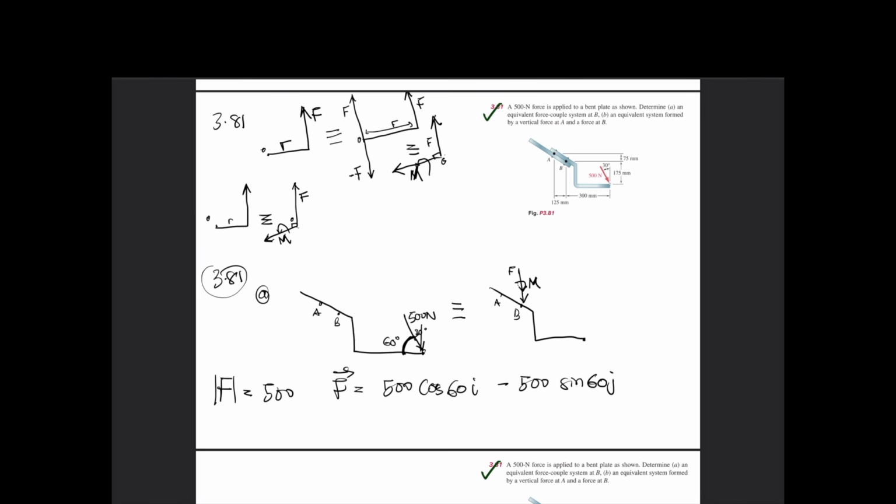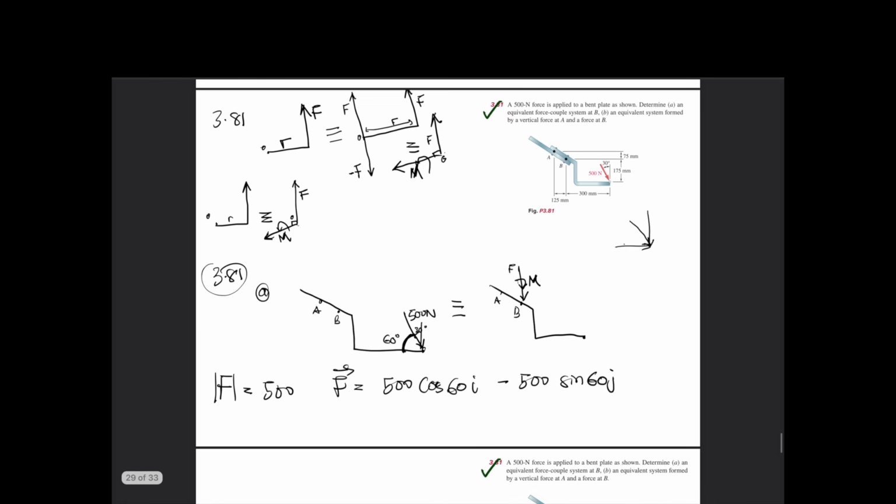From our initial classes, we know that if we resolve this into horizontal and vertical components like this, we have the initial force here, and this is Fy and this is Fx.